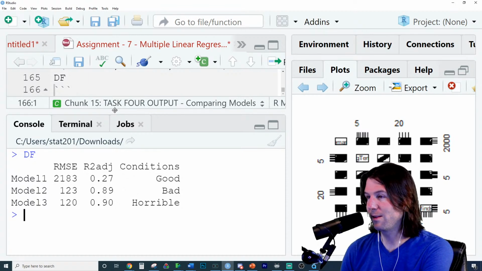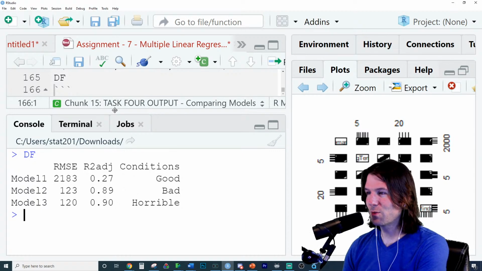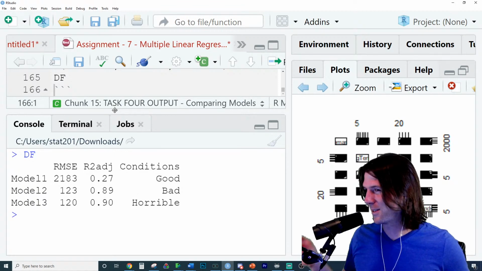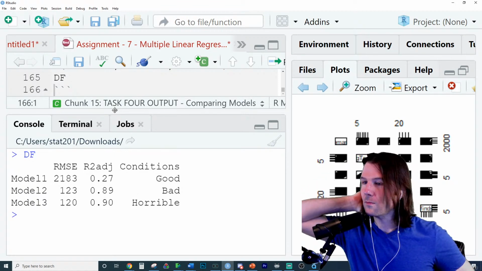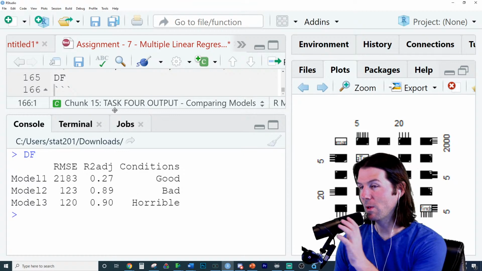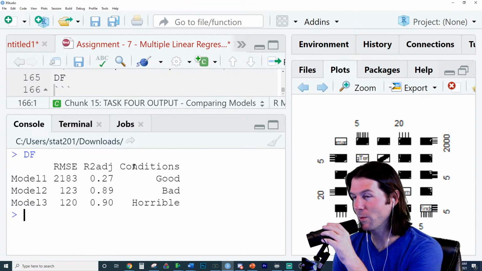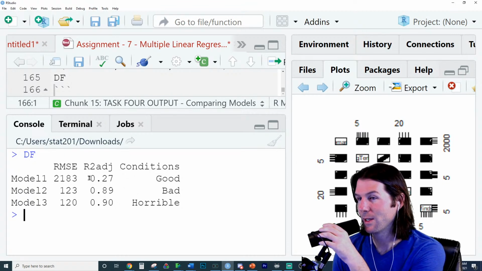I don't want to make it obvious, because if I say that, then it narrows it down to 2. But careful. Model 1 is really good with the conditions, but the R squared adjusted is super bad.